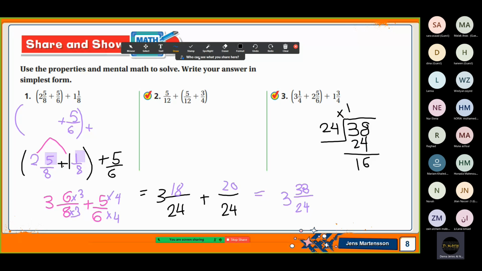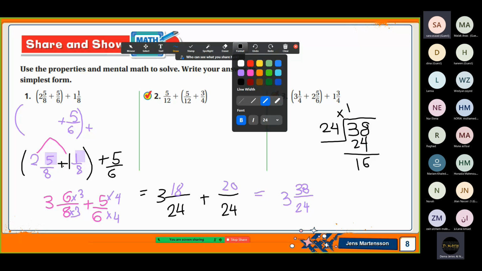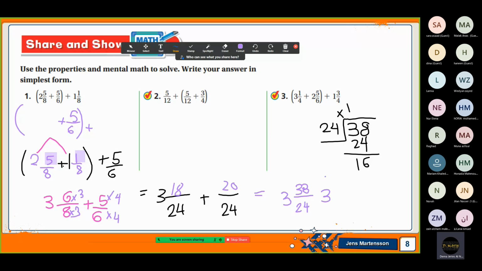Now see what I have to do. Like for the 3, keep it as it is, plus. Now, look here. The one that is written here, I will write it as a mixed number. Teacher, 16 is supposed to be 14.